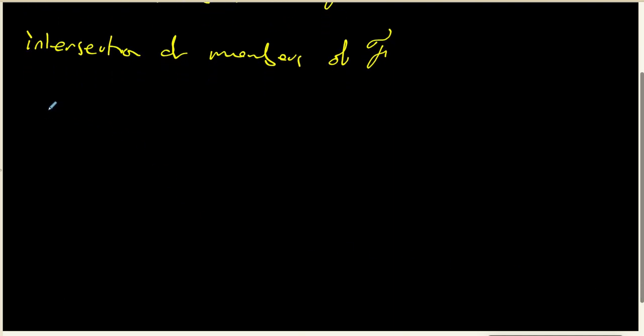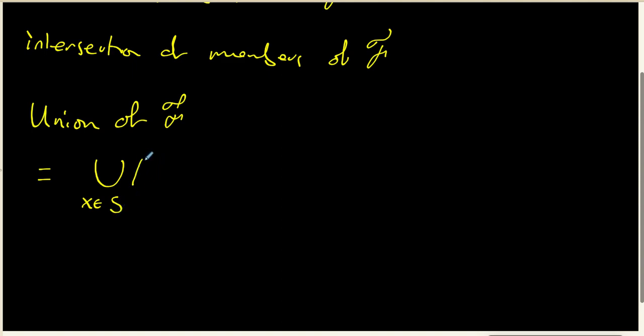So if I think in terms of the union of the sets in F, I'm going to want to write that as a big union sign, and it's going to be the union over all of the x's inside my indexing set S of the corresponding sets.